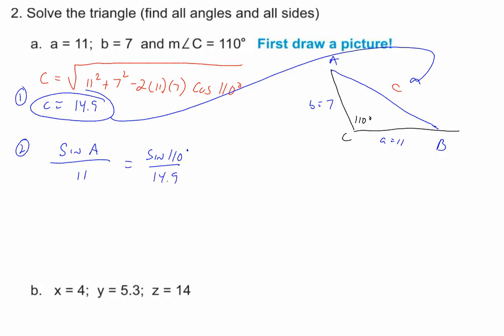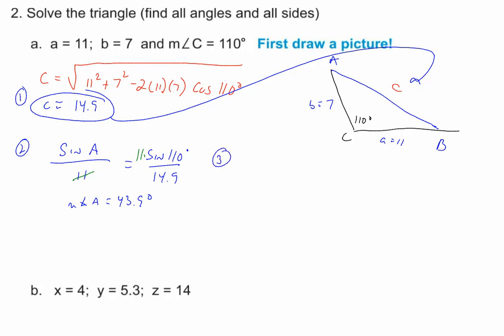Again, whenever you find the angle, what button are you using? Sine to the negative 1, right? So on this one, you get the measure of angle A is... Anybody got it? 43.9 degrees.